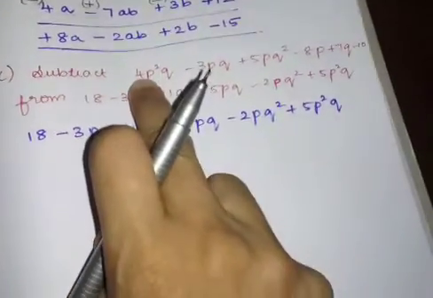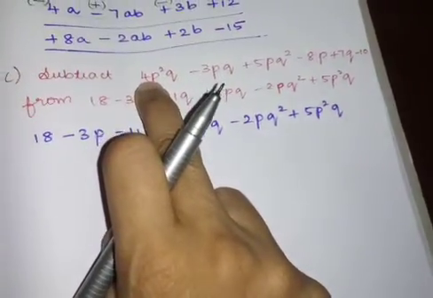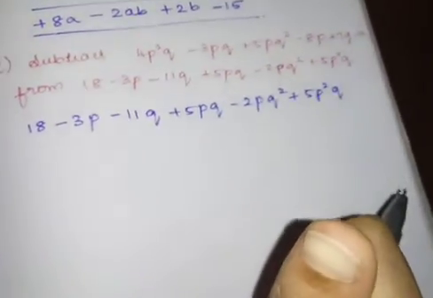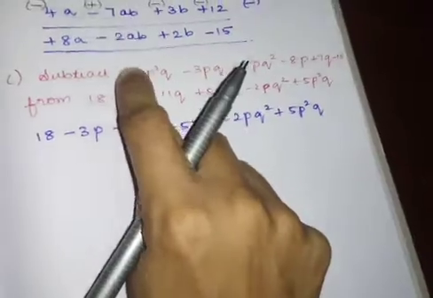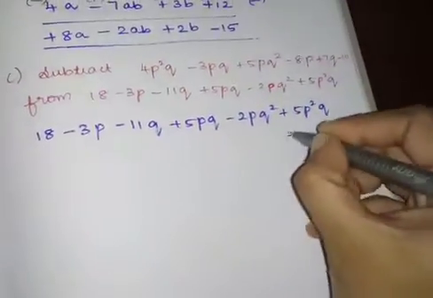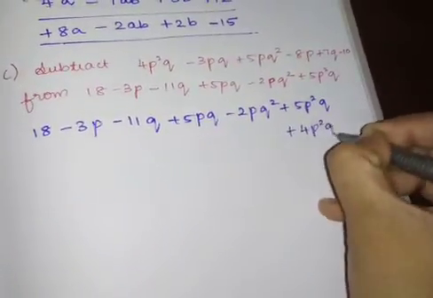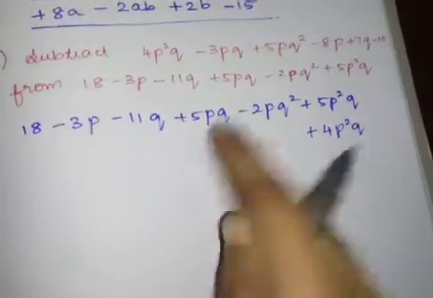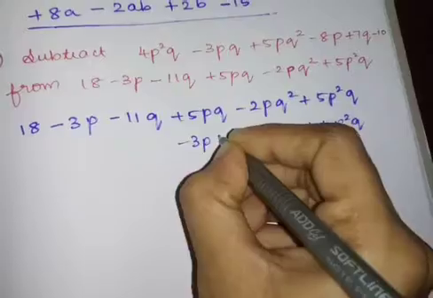Next I will start with the first expression. First expression, first what is the term? P square q. Where is this p square q? Here. Upper what p square q is there? Plus 4p square q. Second term minus 3pq. Where you write? Here. Minus 3pq.